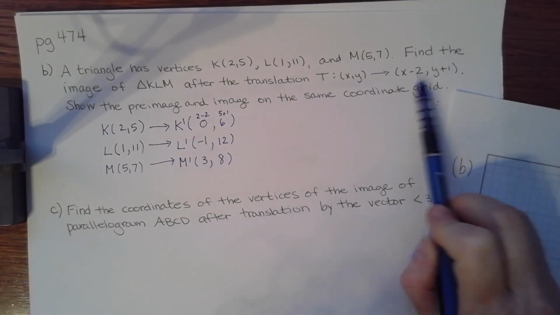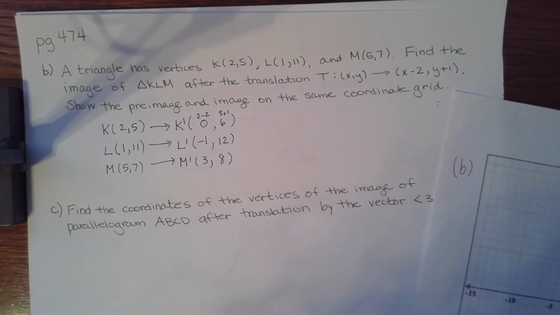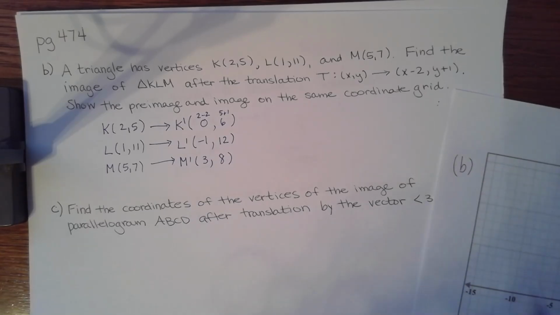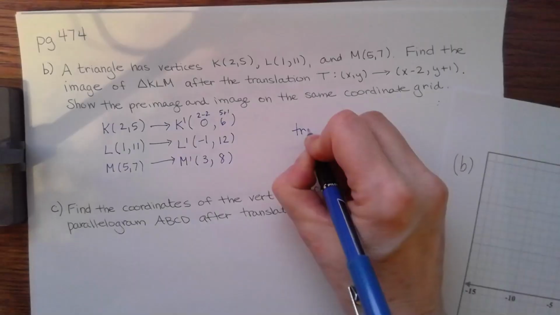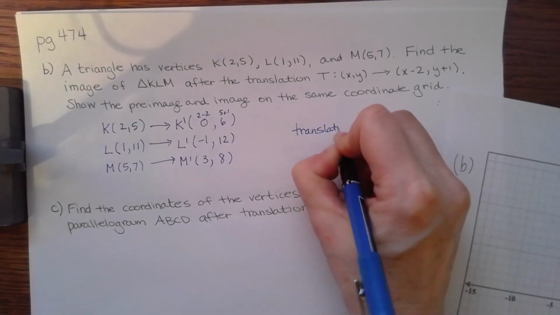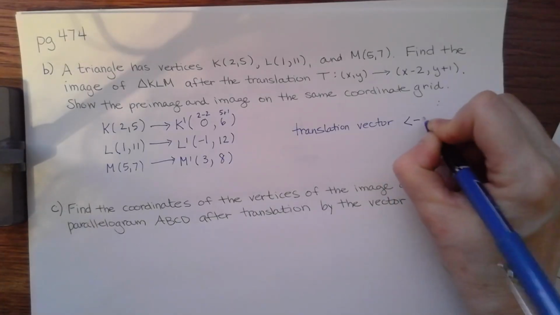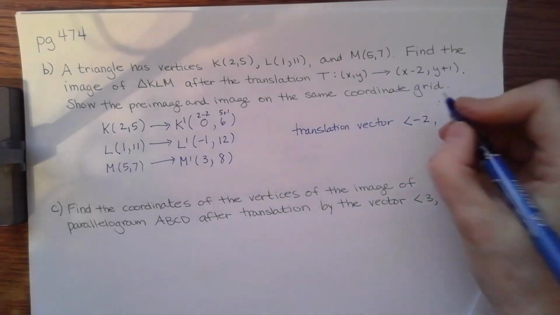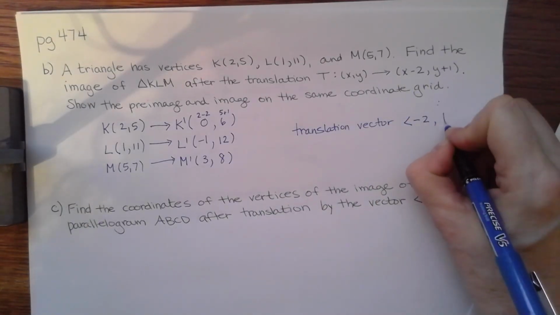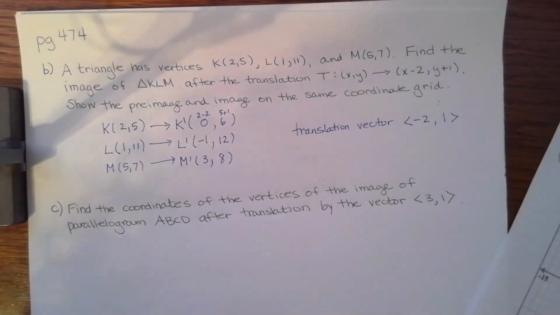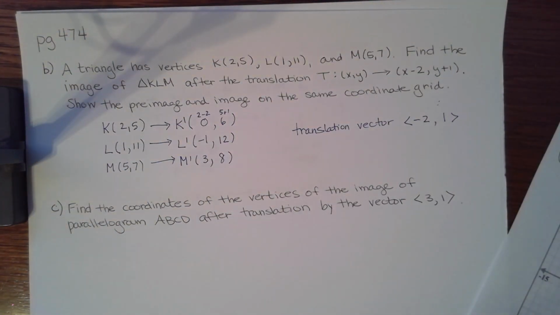We subtracted 2 from X and added 1 to Y. So we see that relationship between the mapping notation and the translation vector. I'll just go ahead and write that on there. So the translation vector is going to be (-2, +1). That's what happened in the X direction, the horizontal direction, and +1. That's what happened in the vertical Y direction. Okay.